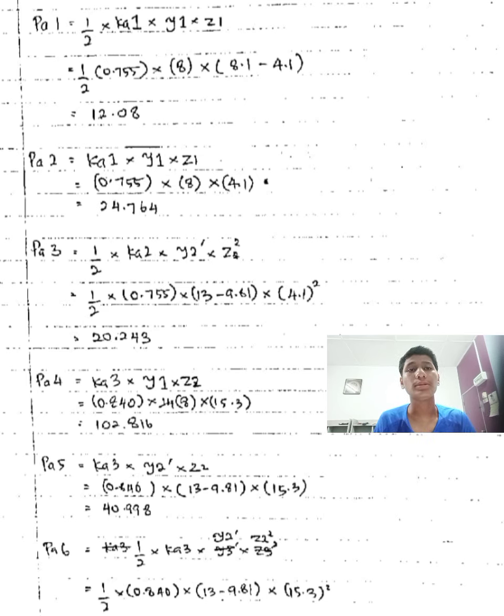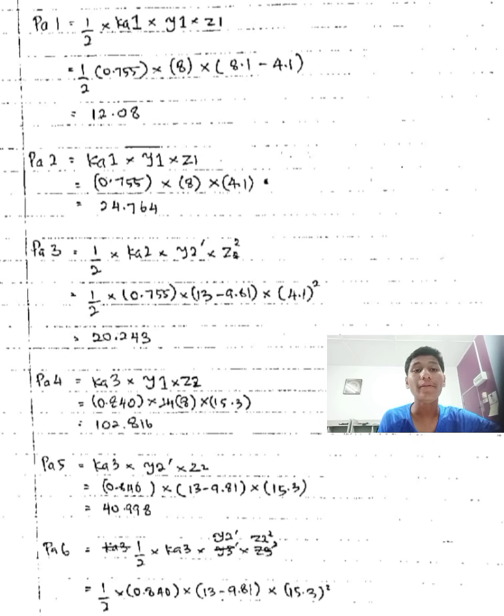For PA4, KA3 times gamma 1 times Z2, where 0.840 times 8 times 15.3, the total is 102.816.